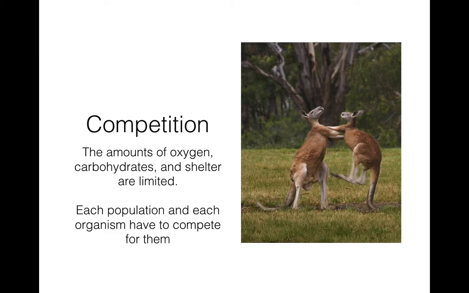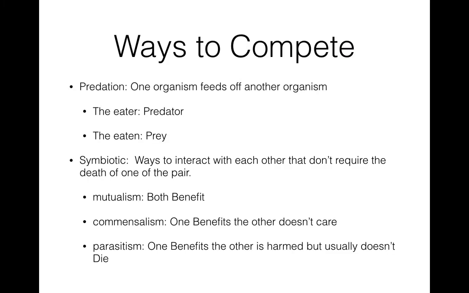So we have to deal with competition. The amount of oxygen, the amount of carbohydrates, even the amount of shelter in an environment is limited. And each population and each organism within a population has to compete for those things: oxygen, carbohydrates, and shelter, and anything else they need to survive.